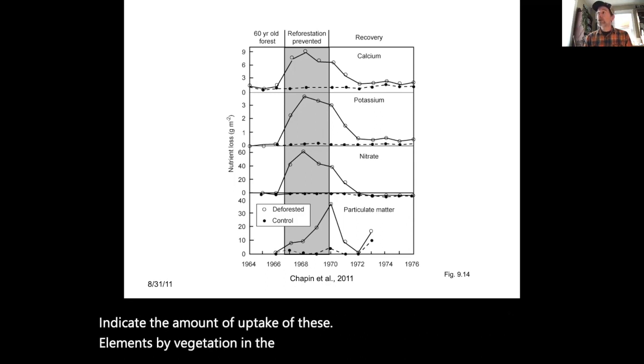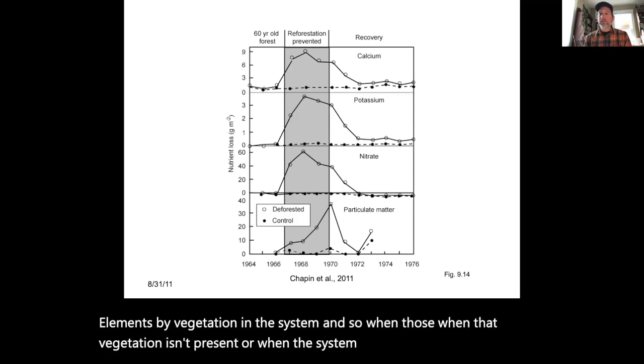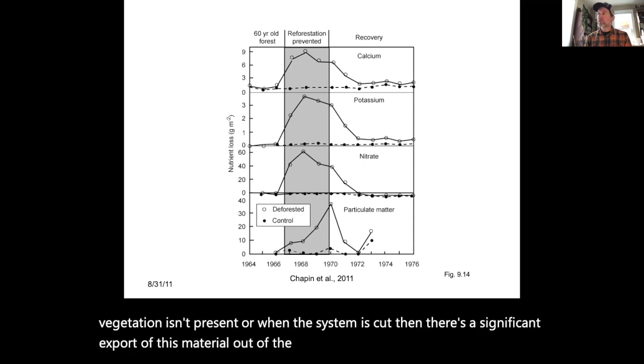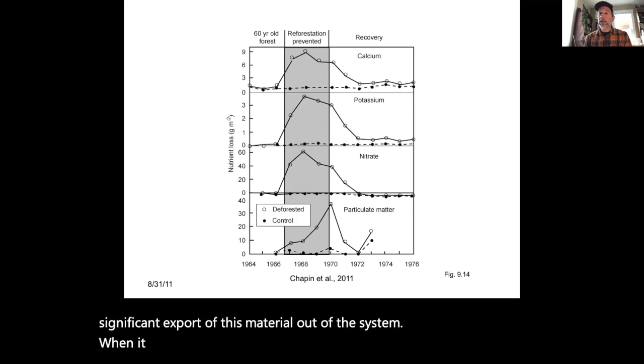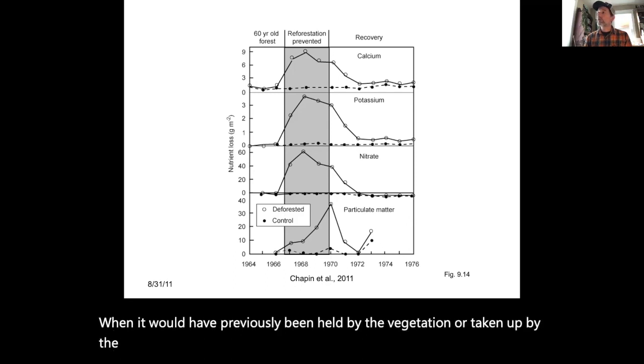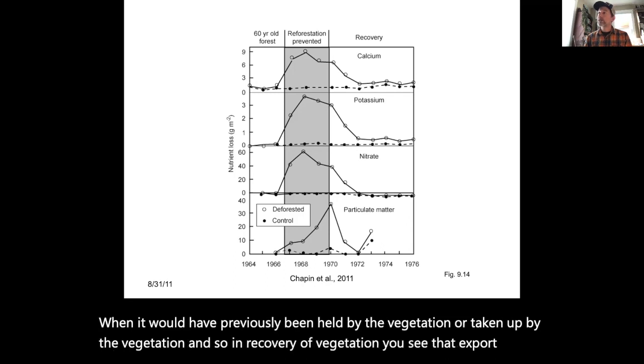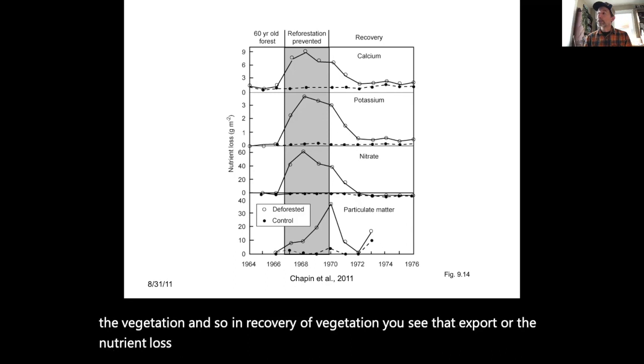And so when that vegetation isn't present or when the system is cut, then there's a significant export of this material out of the system when it would have previously been held by the vegetation or taken up by the vegetation. And so in recovery of vegetation, you see that export, or the nutrient loss, goes down rapidly.